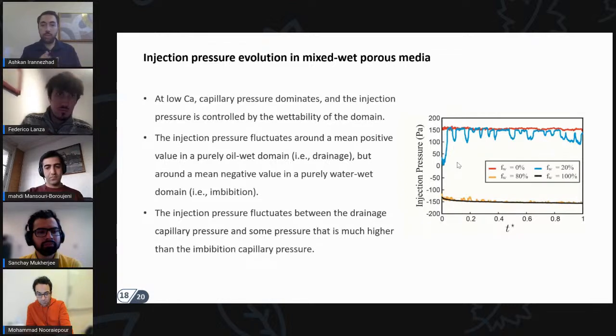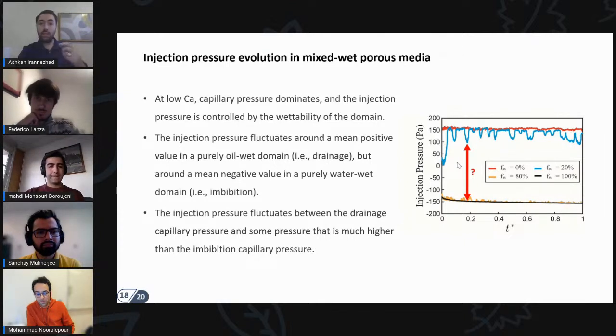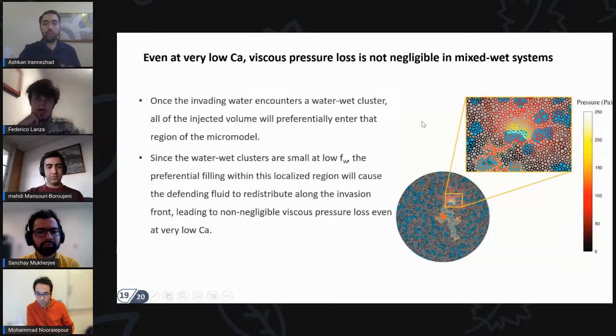But it is interesting that the injection pressure does not drop as low as the capillary entry pressure at imbibition. And explaining this distance actually helps us to have a better understanding of what is happening at the pressure of this system.